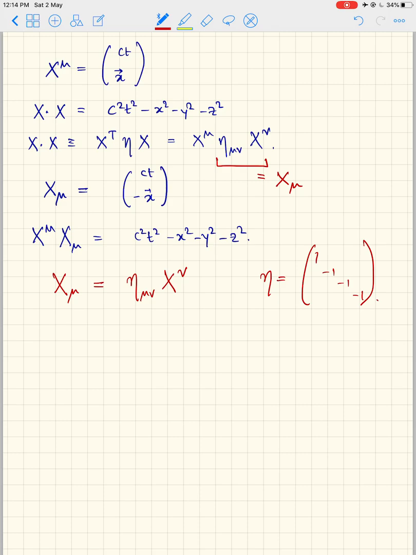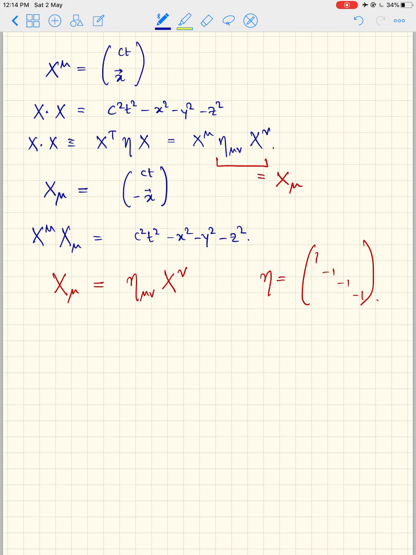So x mu upstairs contracted with x mu downstairs is going to give you this invariant form. If we get more time in the future, I'll try and explain this a little bit more.